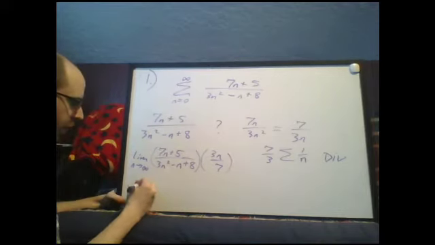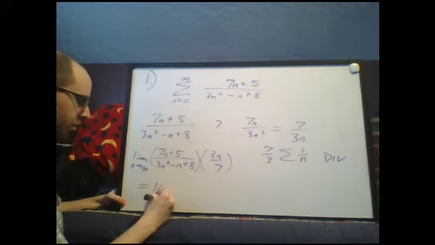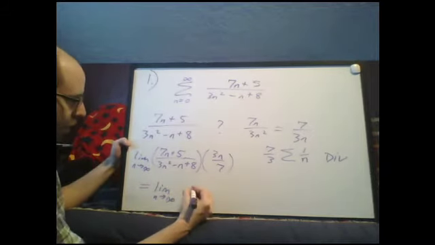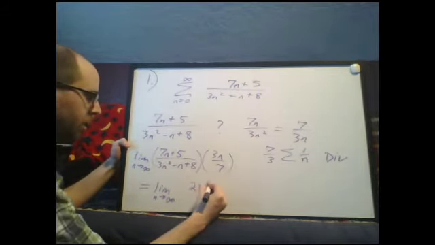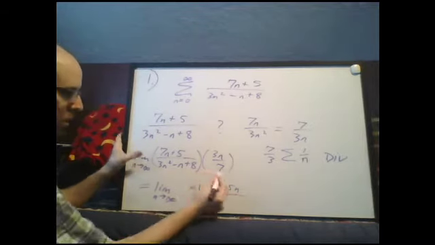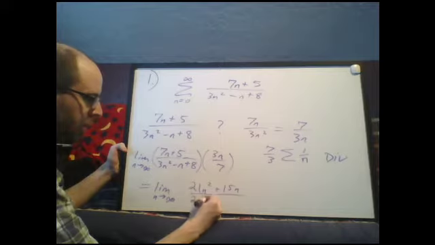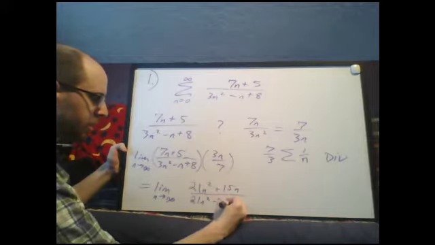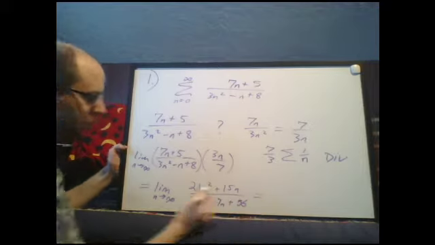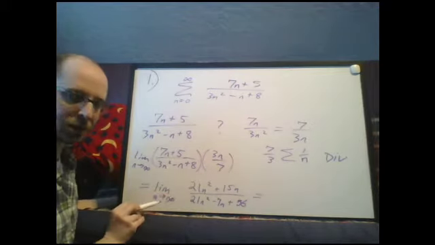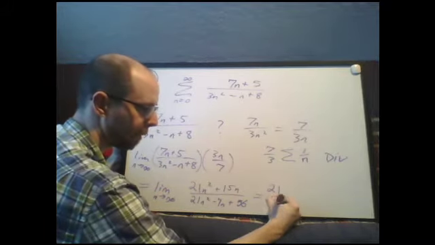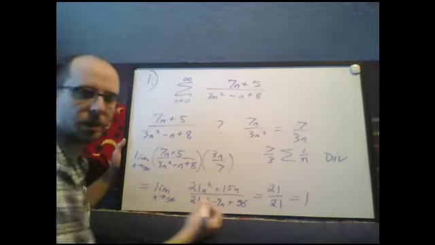And so then if you simplify that, you have the limit of (21n squared plus 15n) over (21n squared minus 7n plus 56). But it's n squared over n squared, so the limit's 21 over 21, which is 1.